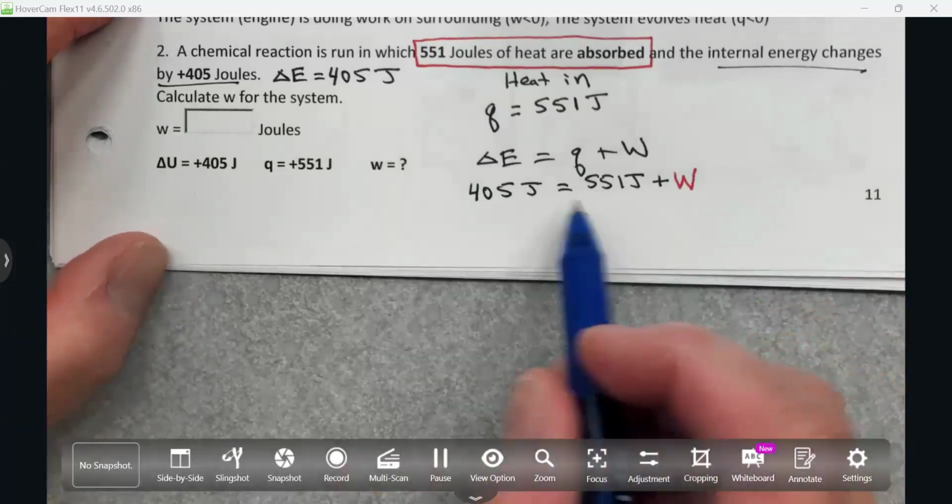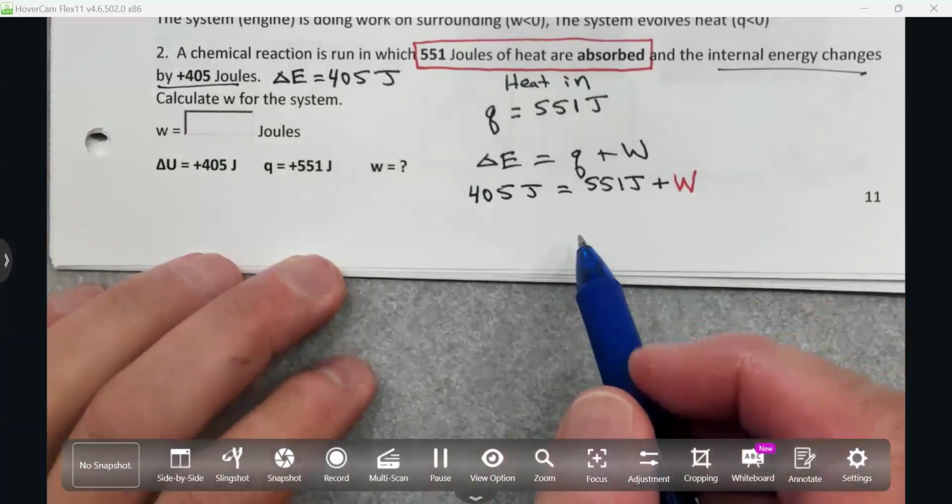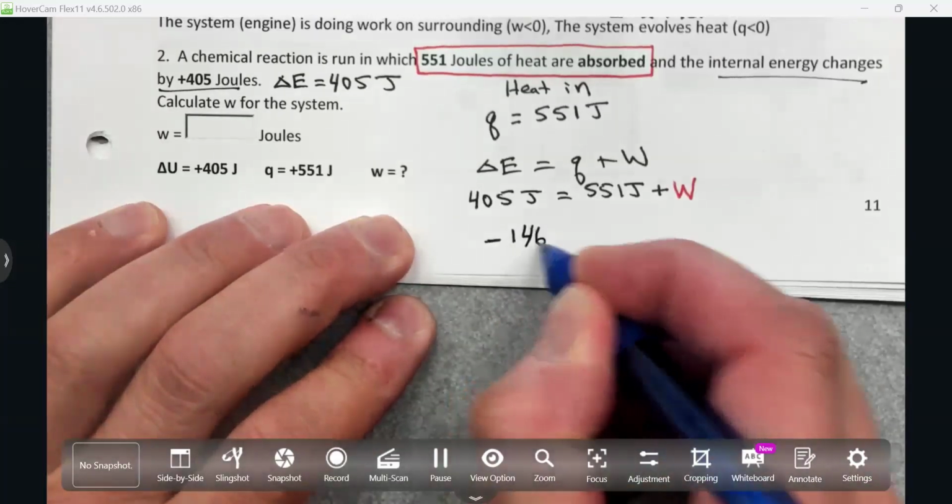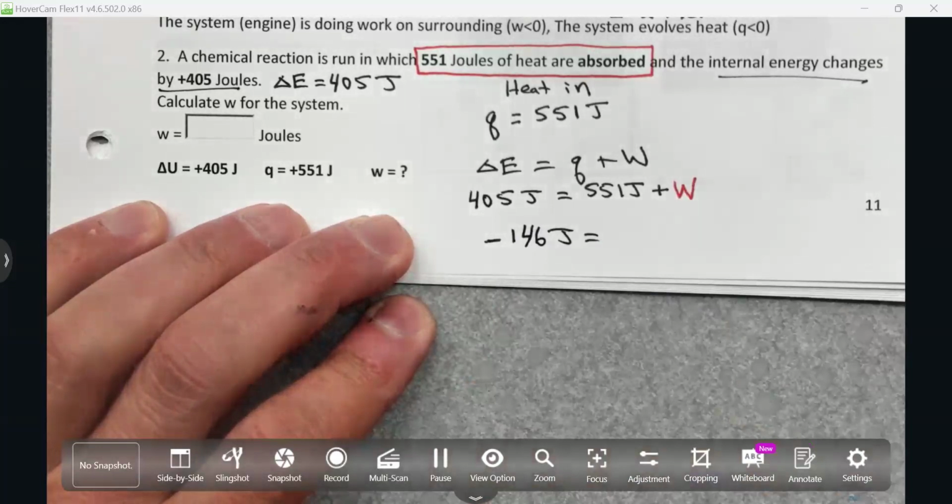And if we solve that for W, we subtract that from both. Oh, we're going to get a negative. Negative 146 joules is equal to our work.